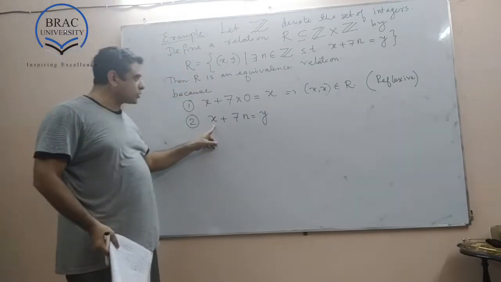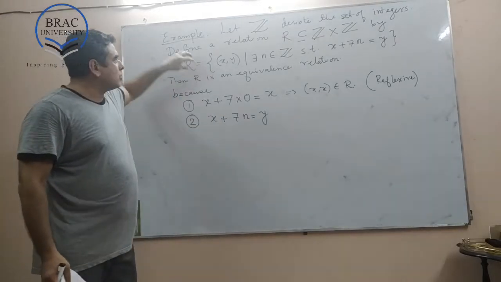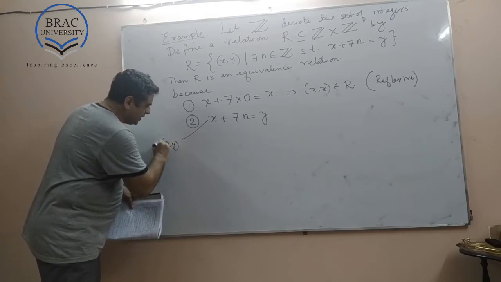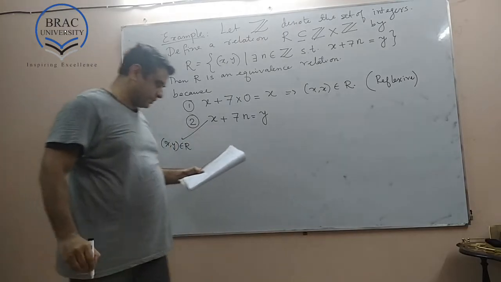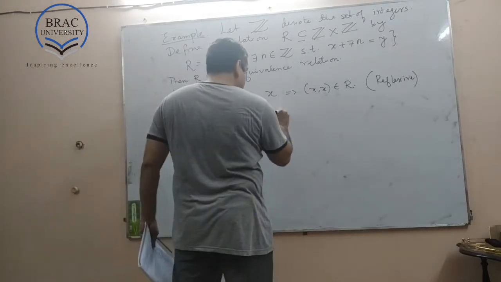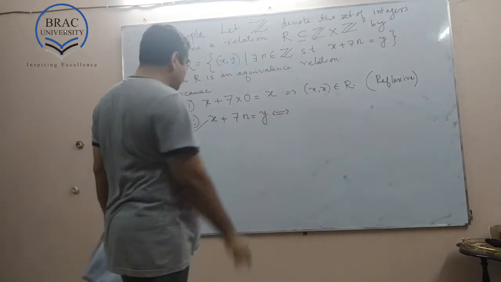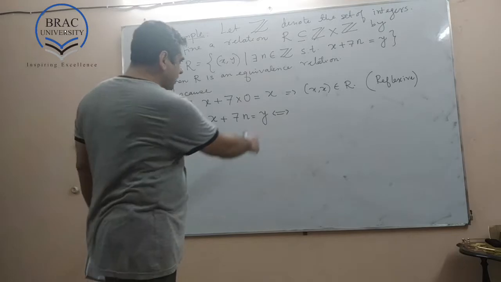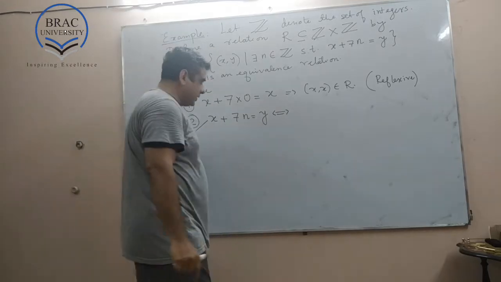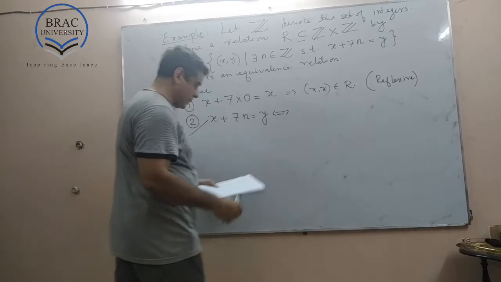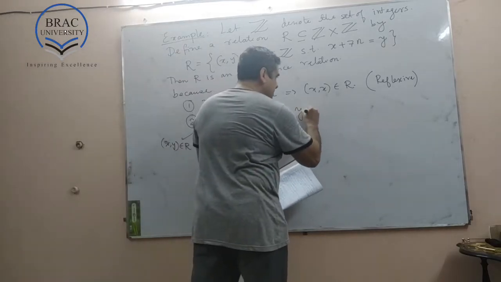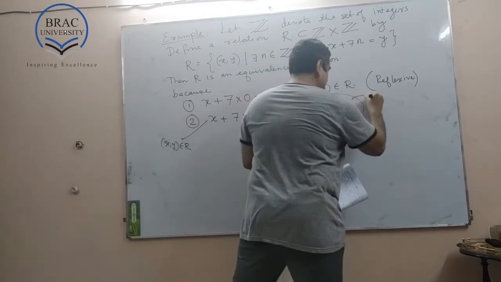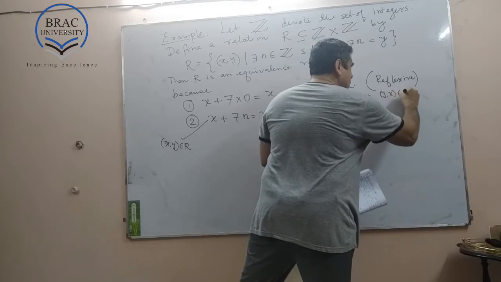It tells you that (x, y) is in R. And you see that by keeping y on this side and taking 7n to the other side, we immediately see that y plus 7 times minus n is equal to x, and this tells that (y, x) is also in R, right?